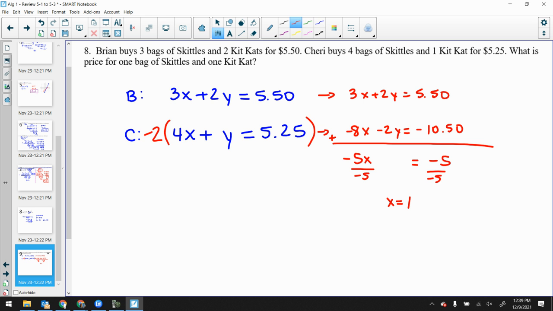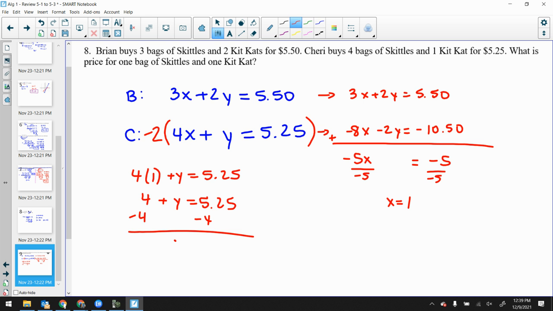Let's go back into my original bottom. 4x plus y was 525. So 4 times 1 plus y is 525. So we're saying that Sherry spent $4 on Skittles alone. So subtract that $4 away from her total, y is equal to 125.